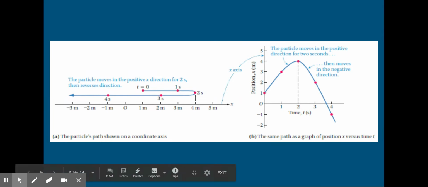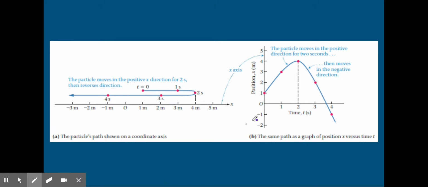Let's look at a graphical representation of velocity. Here you can see that I have shown this particle's movement in two different ways. Here it's on a coordinate plane. We see that the particle started at this point, moved in the positive direction for 2 seconds, and then started moving in the negative direction.